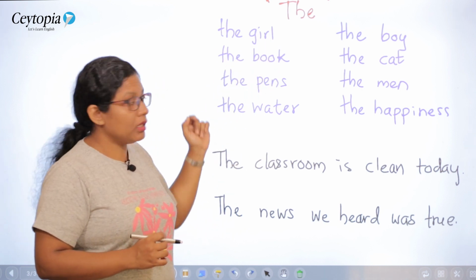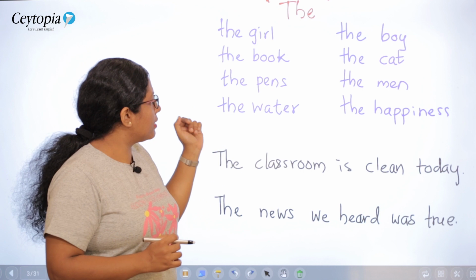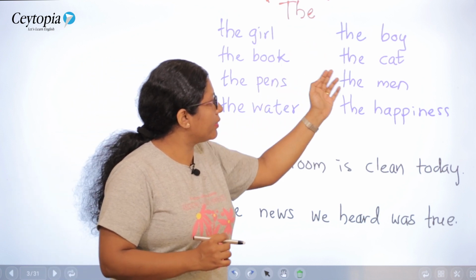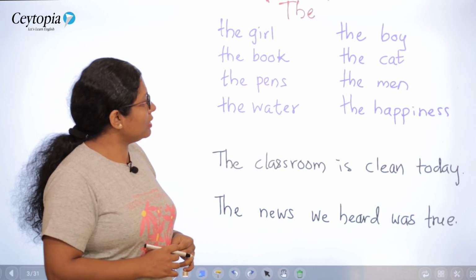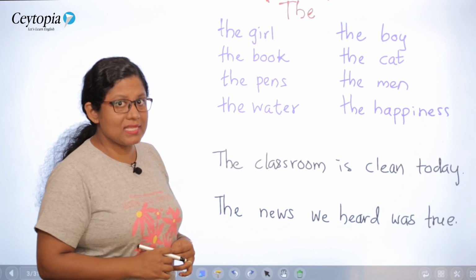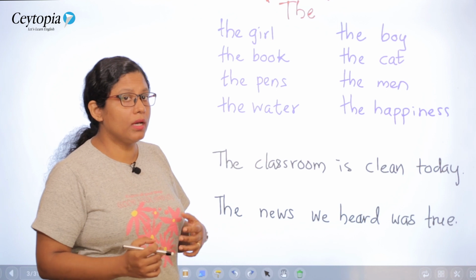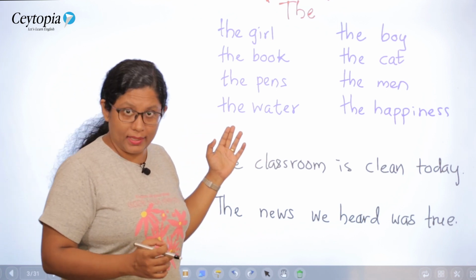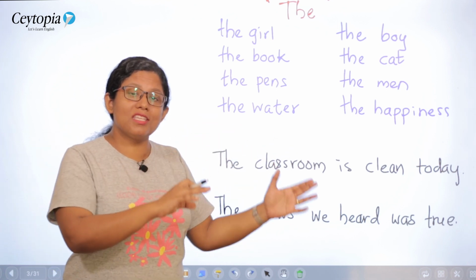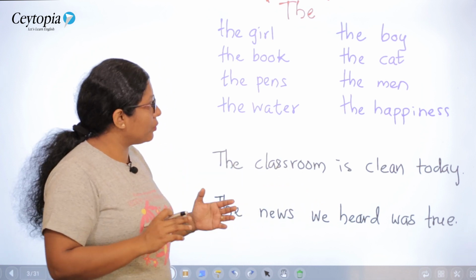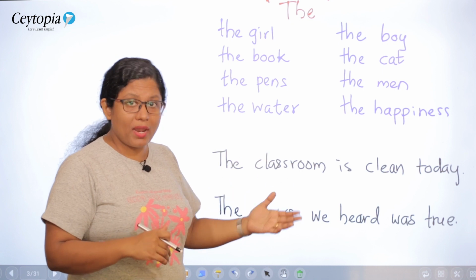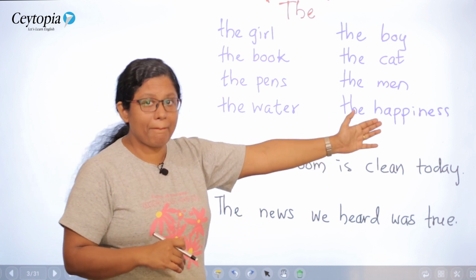The girl, the book, the pens, the water, the boy, the cat, the men, the happiness. You don't have to look at the nouns and see whether they are singular or plural before using the. Why? You can use the with both singular and plural nouns. Also, you can use the with any abstract noun, happiness, the happiness.